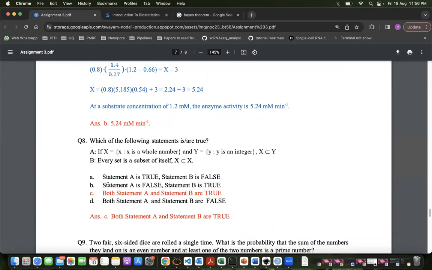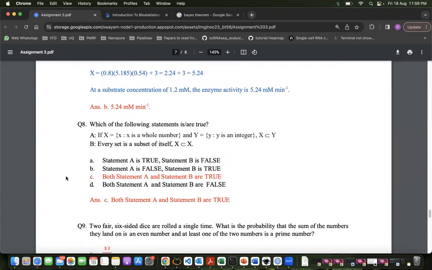So which of the following statements is true? Event A is a whole number, y is an integer. This symbol means it's a subset of. So x belongs to y, so every element of x should be present in y. Is that true?